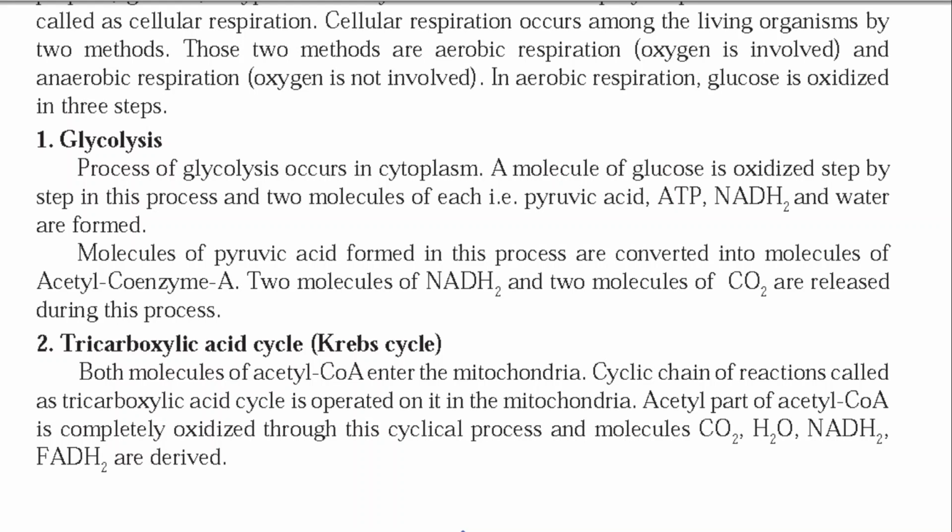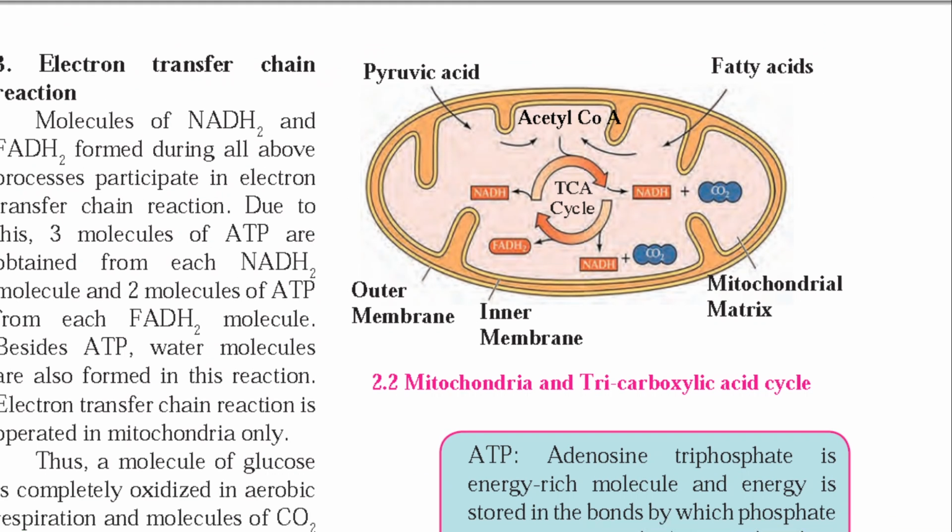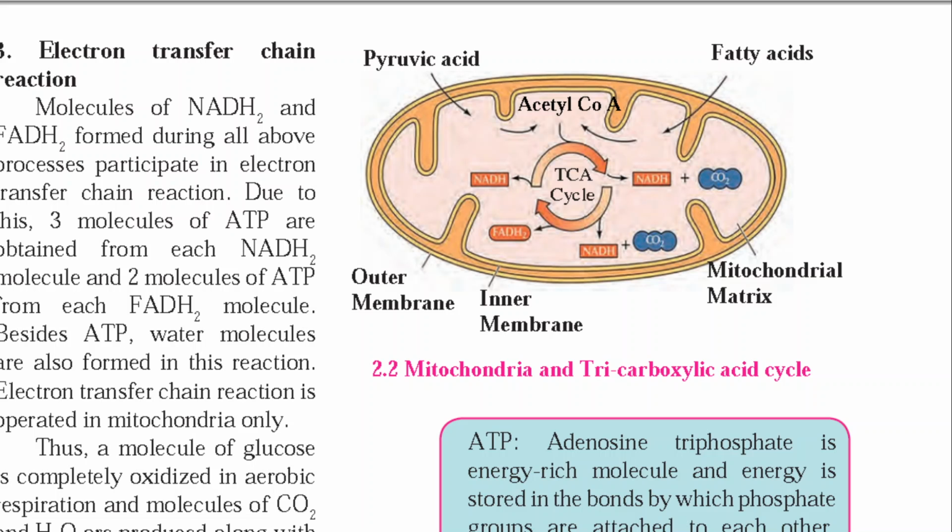Then the third step comes, called the electron transport chain reaction. This reaction is also carried out inside the mitochondria. So what happens is that NADH2 and FADH2 are oxidized.